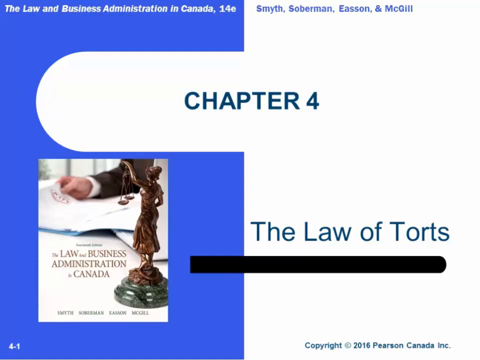And so on page 74, in the opening 6 lines, the authors do an amazingly good job summarizing what the chapter is about in a very general way. It says the word tort comes from the French word meaning wrong.